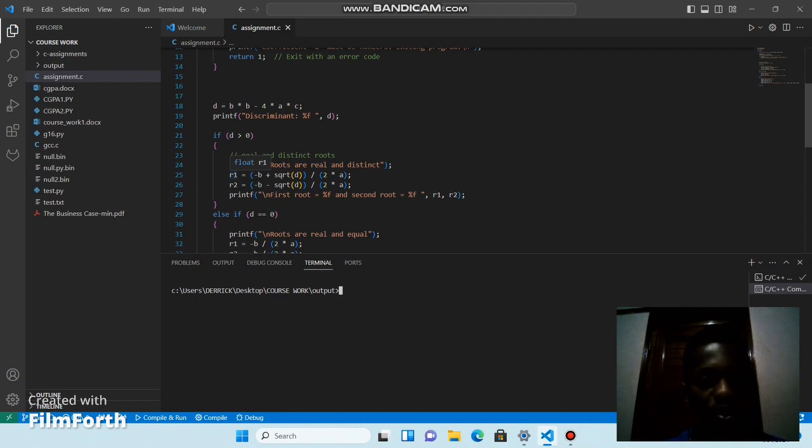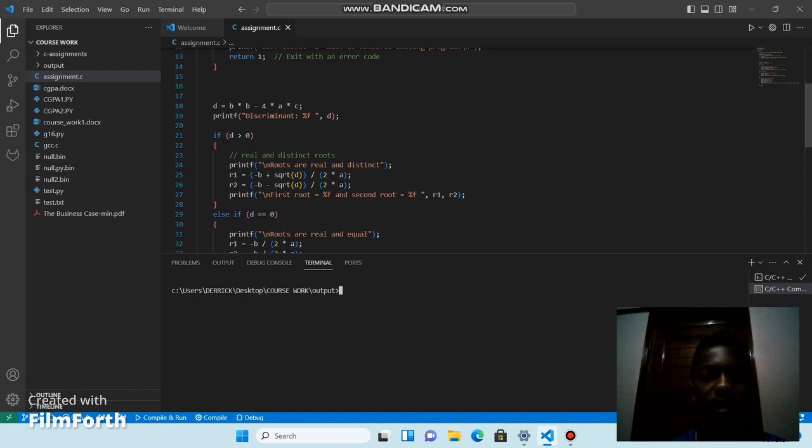Root 1, root 2. Root 1 will be negative b plus the square root of the discriminant, divided by 2 times a. For root 2, what changes is the sign.